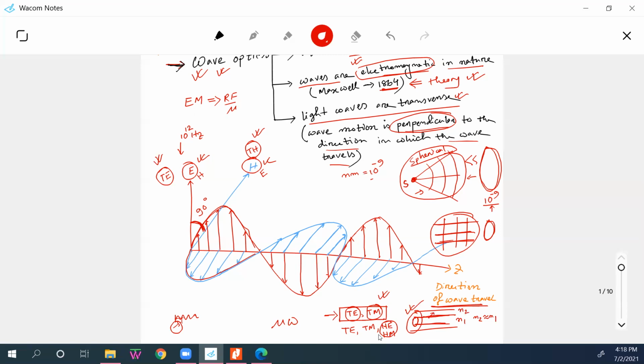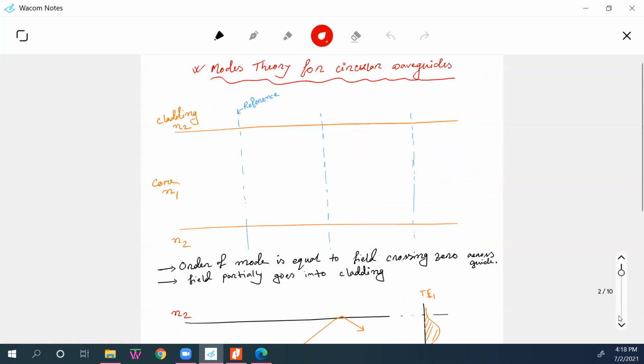Leakage happens, because light always tends to go through the transparent medium. So the boundary condition is very complex, unlike the metallic hollow-core microwave waveguide.